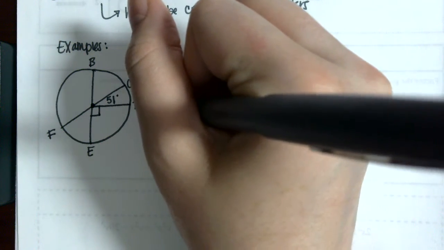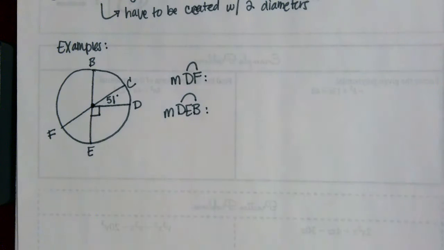And then we want to find the measure of arc DF and the measure of arc DEB. So the first thing that I like to do is go through and find all of the angles that are missing.